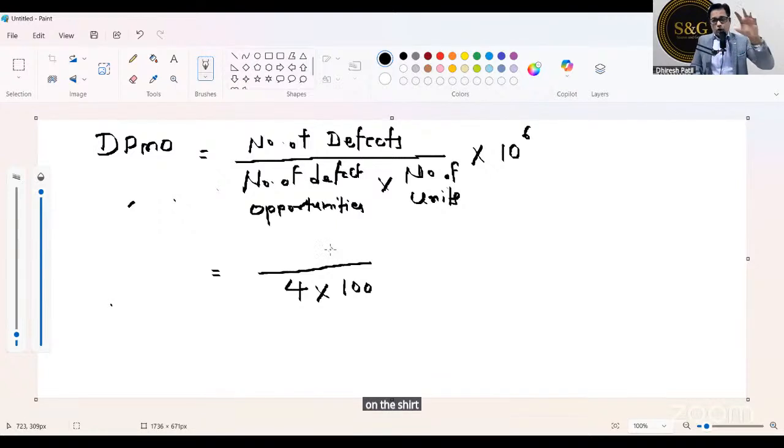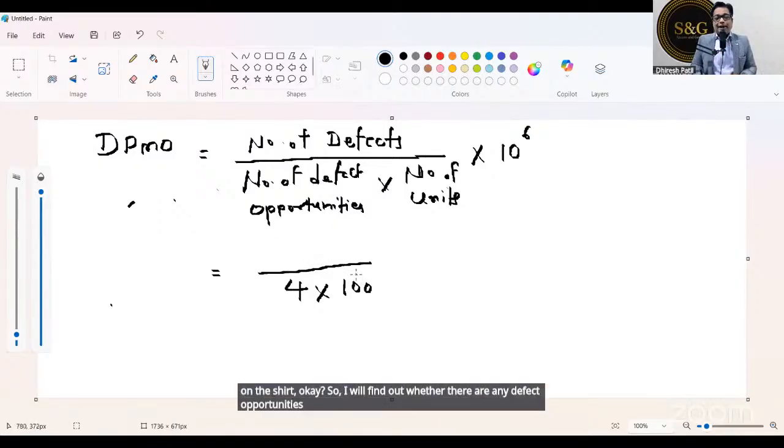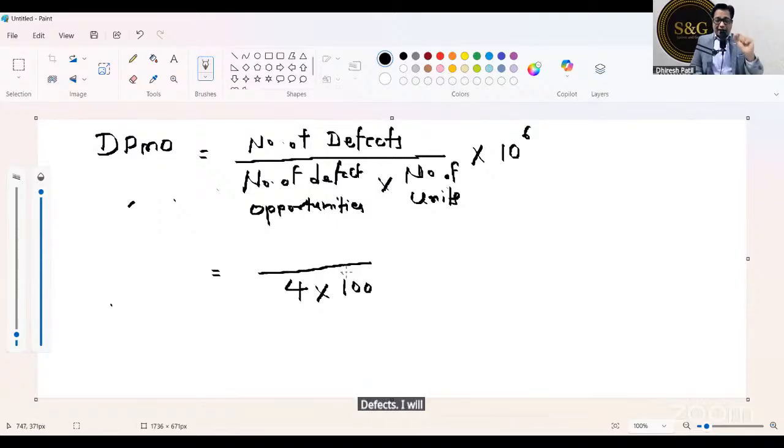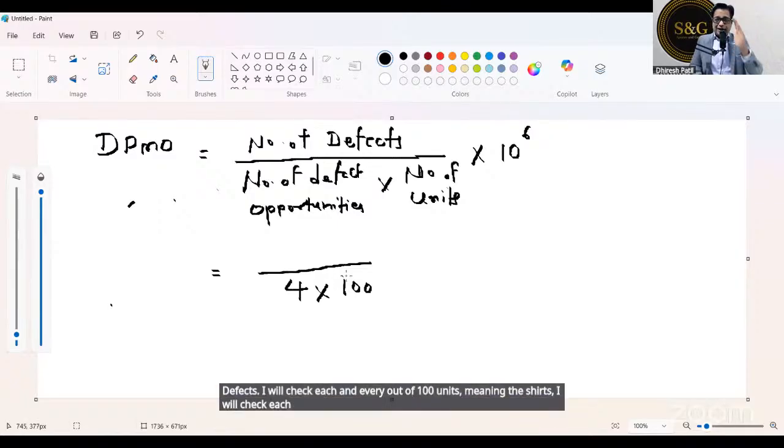Now I will find out whether there are any defects. Out of 100 units, meaning the shirts, I will check each and every shirt very clearly, and I found there are 20 defects overall. 20 defects I found out of 400.